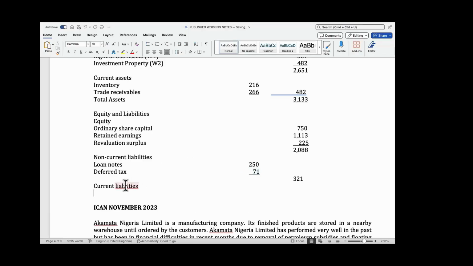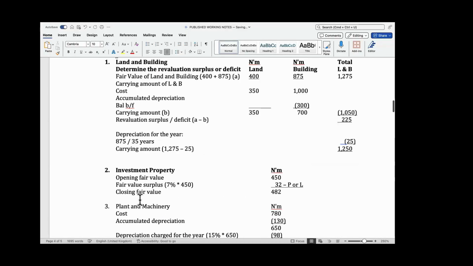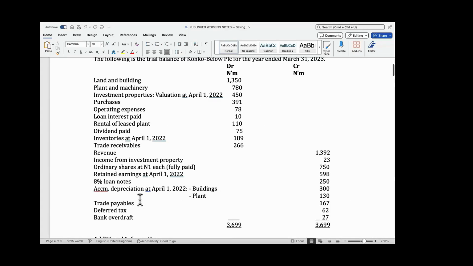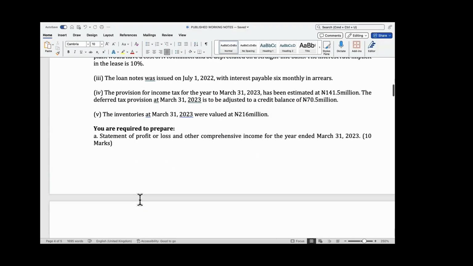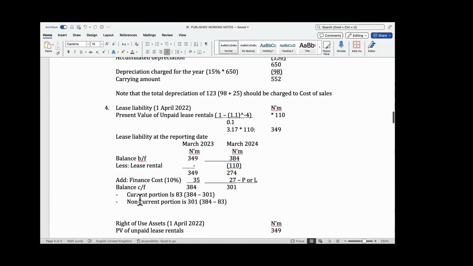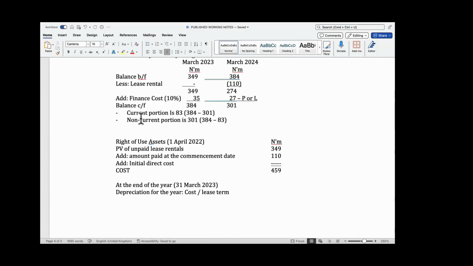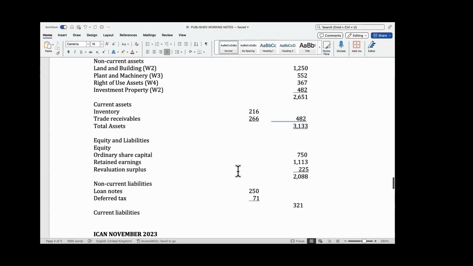Then my current liabilities. Sir, what of the lease liability, the non-current one of 301? Yeah, thank you. Now it's under workings 4, the non-current portion of the lease liability.